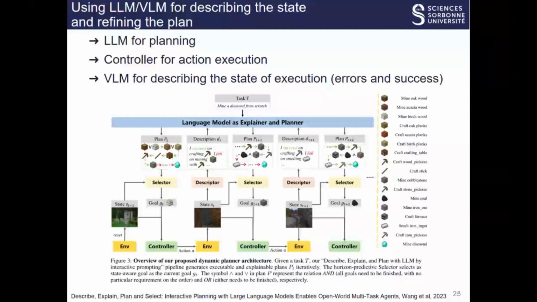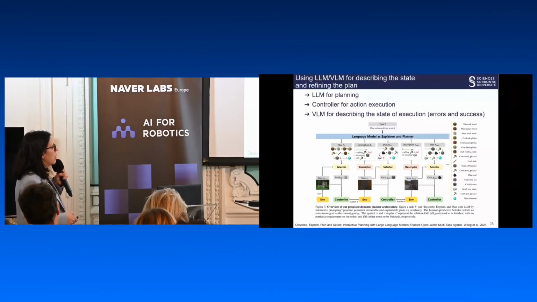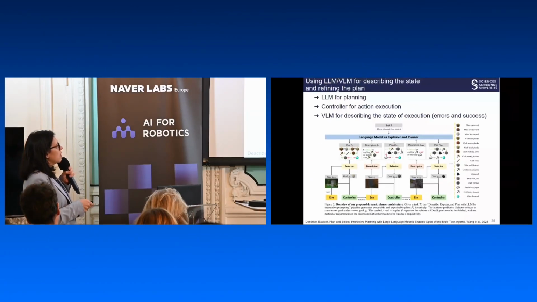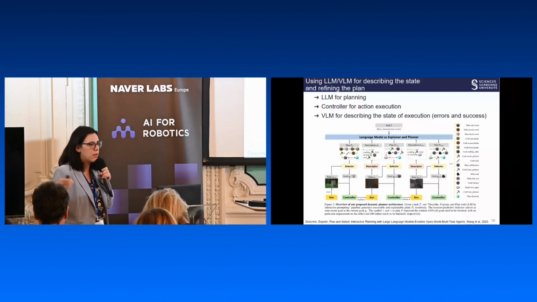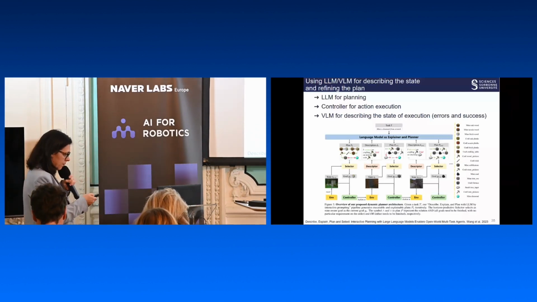Then you have a controller that executes this plan within the environment, and a descriptor that identifies what has been successful within the plan and what has been unsuccessful. And then according to this description, the language model can also provide a new plan and then revise until the whole plan is successful for the task.